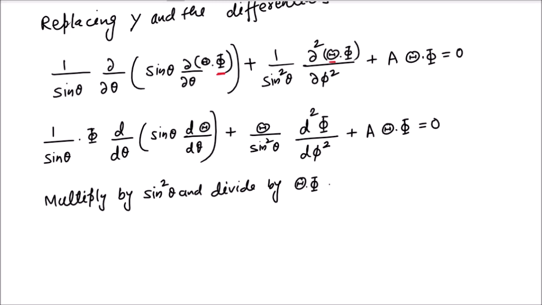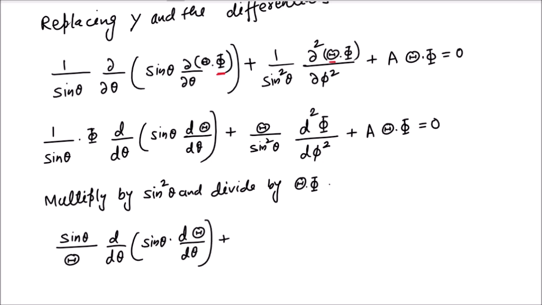So first it becomes sine theta divided by function of theta d by d theta of sine theta into dTheta by d theta, plus 1 upon phi second partial differential with respect to phi, plus a into sine square theta, right, equal to 0.